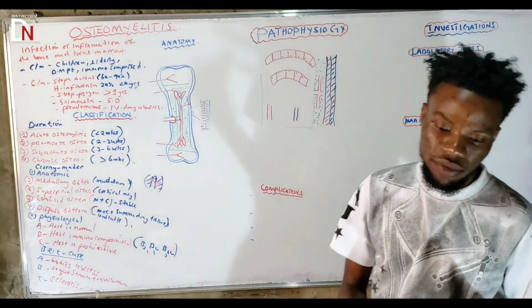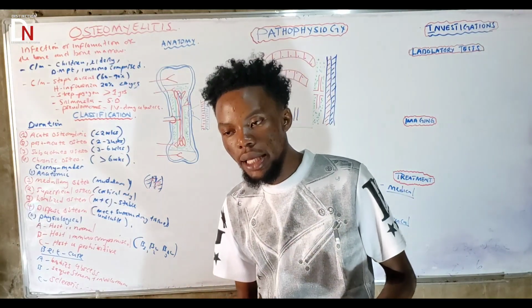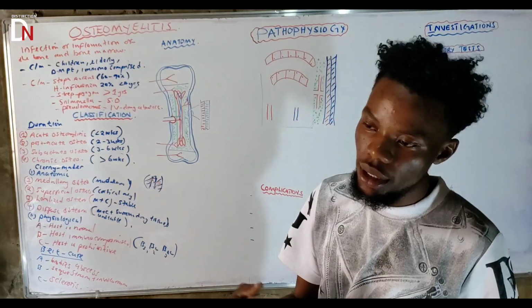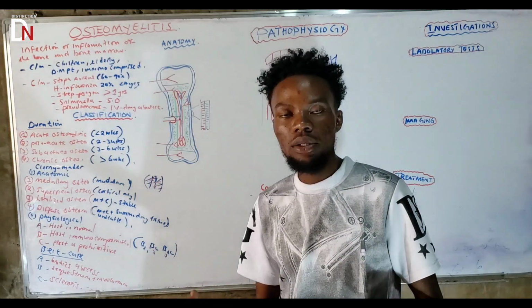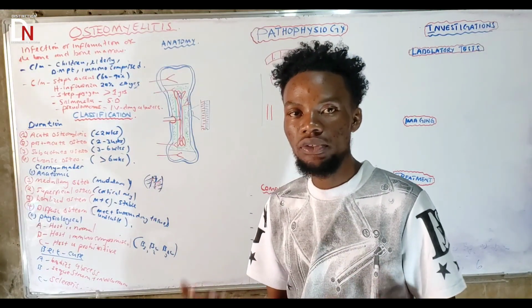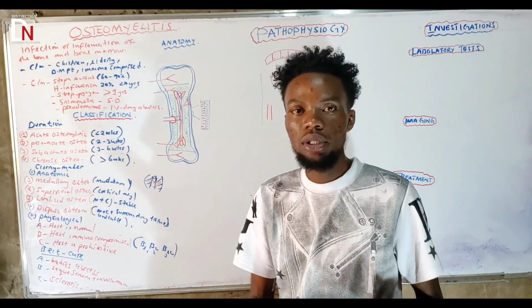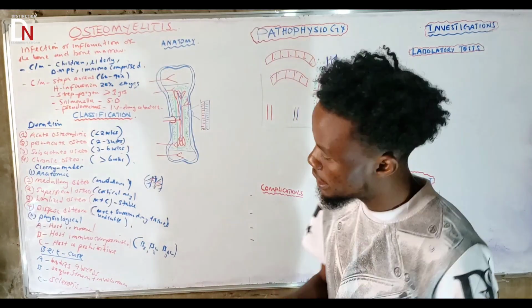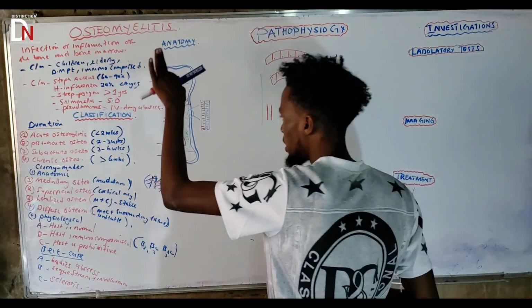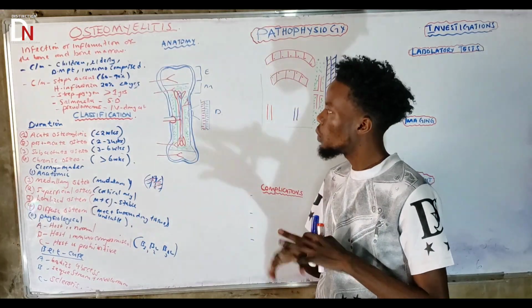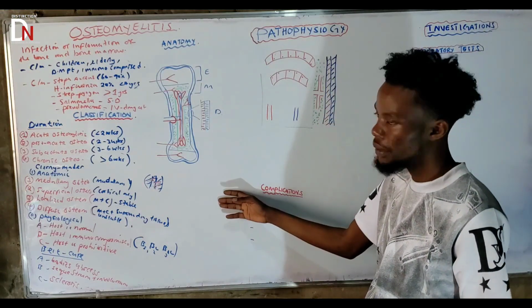Although there is another classification, which is the classification according to etiology. Maybe there will be TB type of osteomyelitis, staphylococcus type of osteomyelitis. Those are according to etiology. But the most important ones are these.